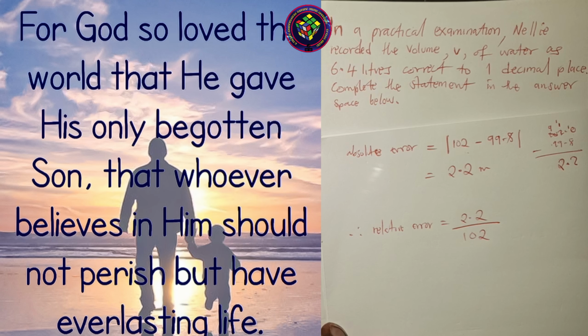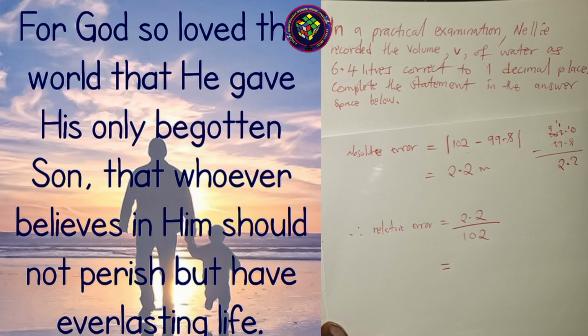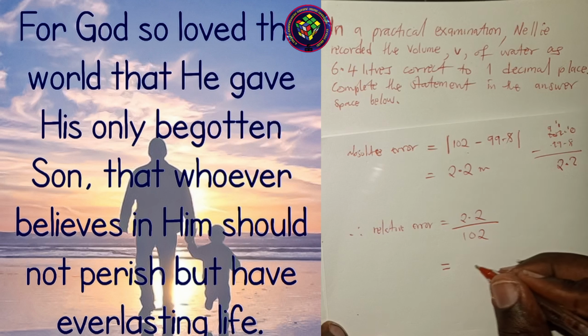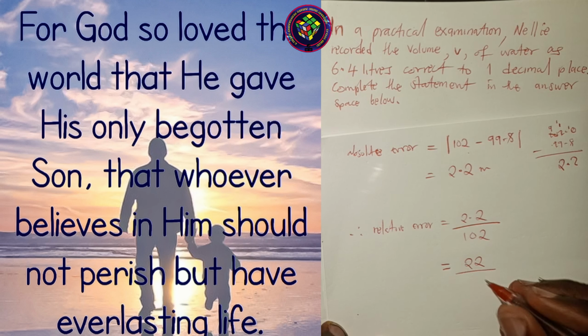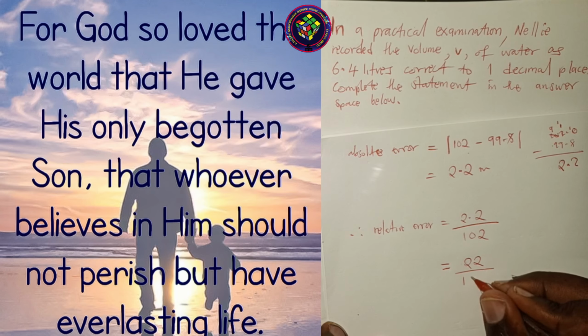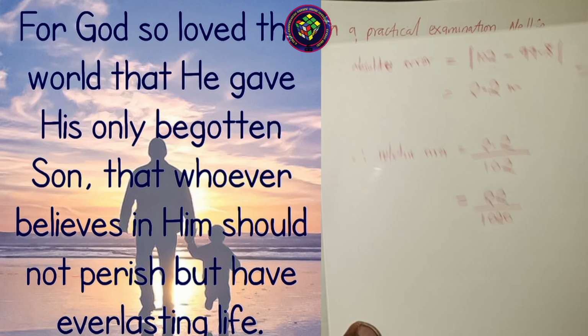So first thing is to get rid of decimal places. How many decimal places are there? Yes, we have one decimal place. So for one decimal place, we multiply by 10. So we multiply by 10 both the numerator and the denominator. What is 2.2 multiplied by 10? Yes, we get 22. And 102 multiplied by 10? Yes, we get 1020.